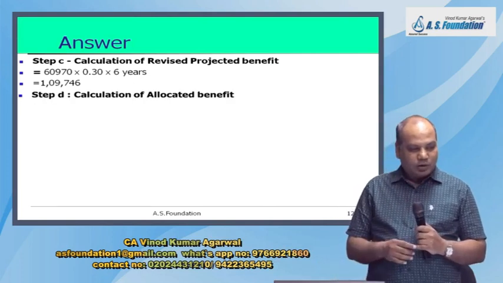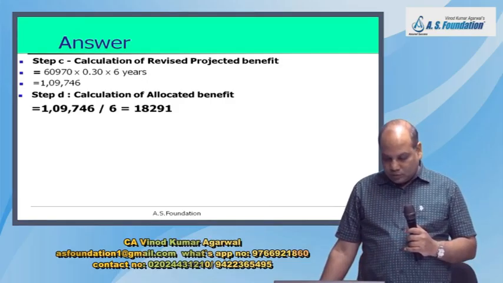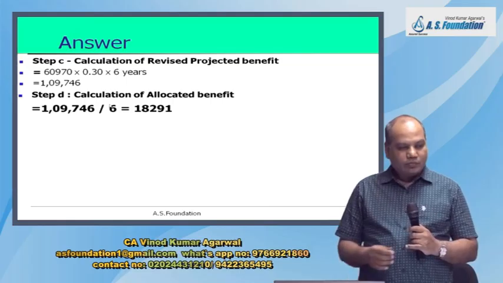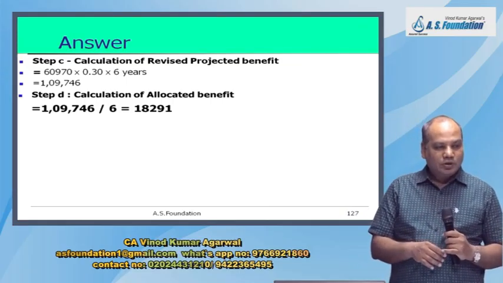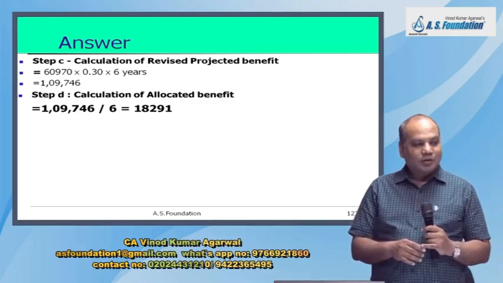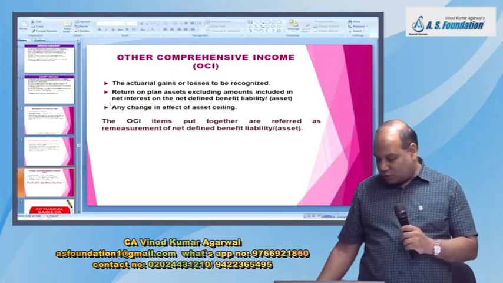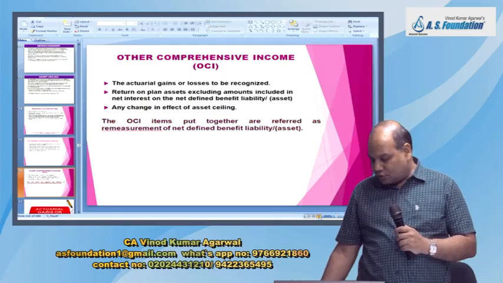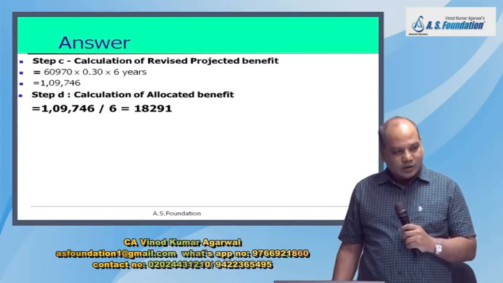Calculation of allocated benefit. Total divided by 6. Again divide by 6, not divide by 2 or 3. We are calculating what is actuarial gain or loss. So he will have to do the whole calculation again with this new number and check what should have been the balance and what is the balance.